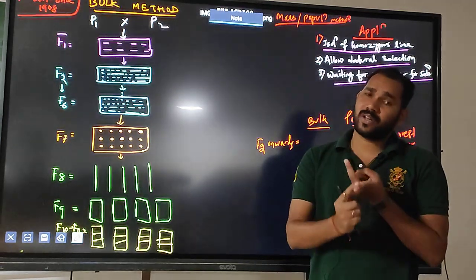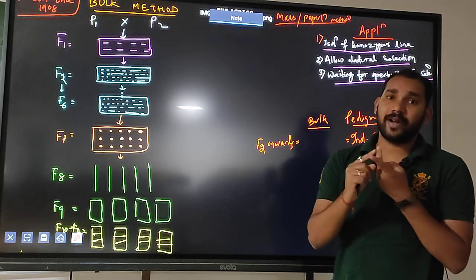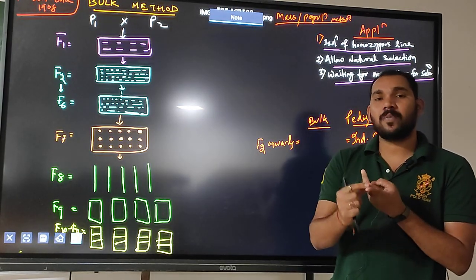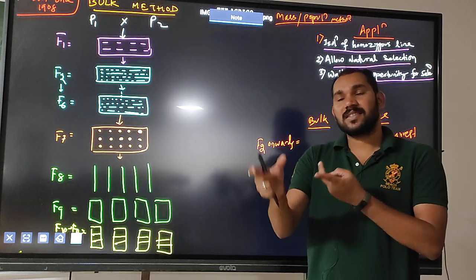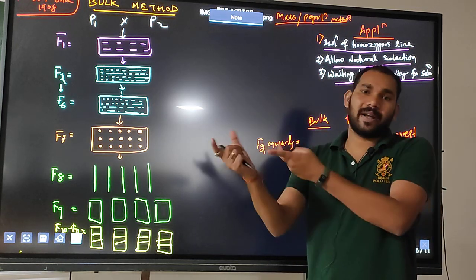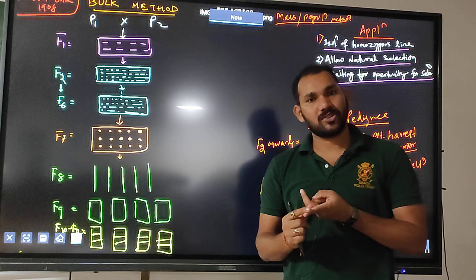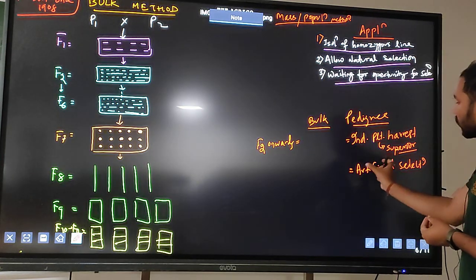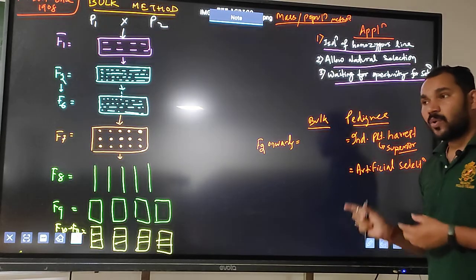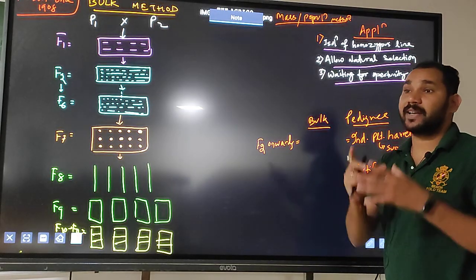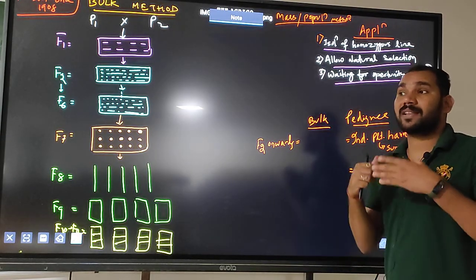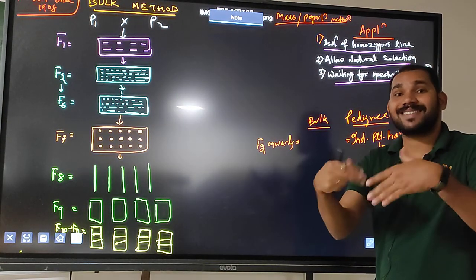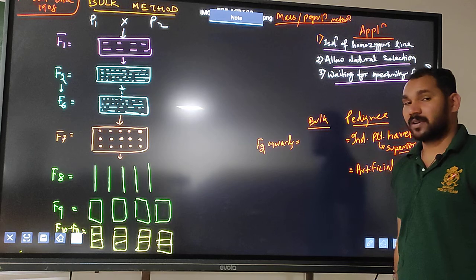But in case of natural selection, there is no interference of the human being. So there is a chance of genetic change inside the plant depending upon the changing environment. So as we are going for artificial selection, we are not giving the plant that much opportunity for changing its genotype.